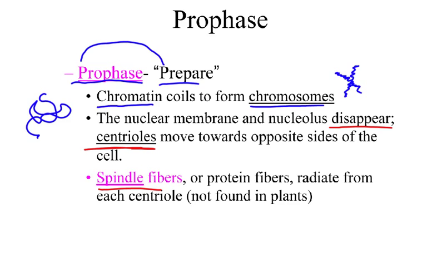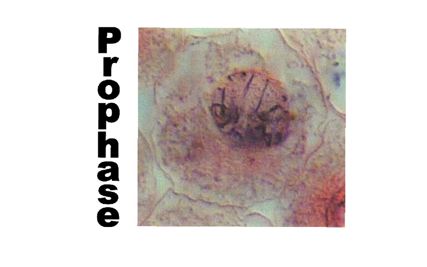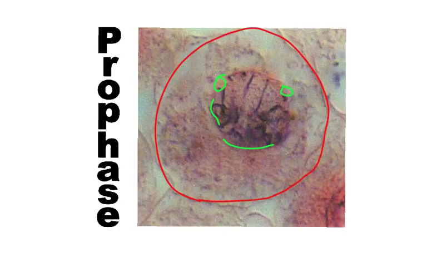We're going to look at a picture. I'm going to highlight some of these structures. All right, so check it out. Here's where our nuclear membrane was, and you can see, like right here and over here, there are now gaps in the membrane because the nucleus is dissolving. As a reminder, all the way out here is our cell membrane. Then when we look a little bit more closely, you're starting to see these dark structures, some of which are in an X. These are the chromosomes that are forming up.